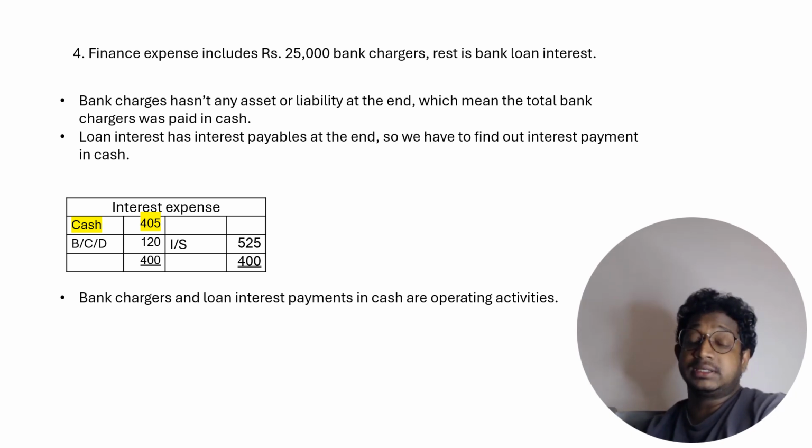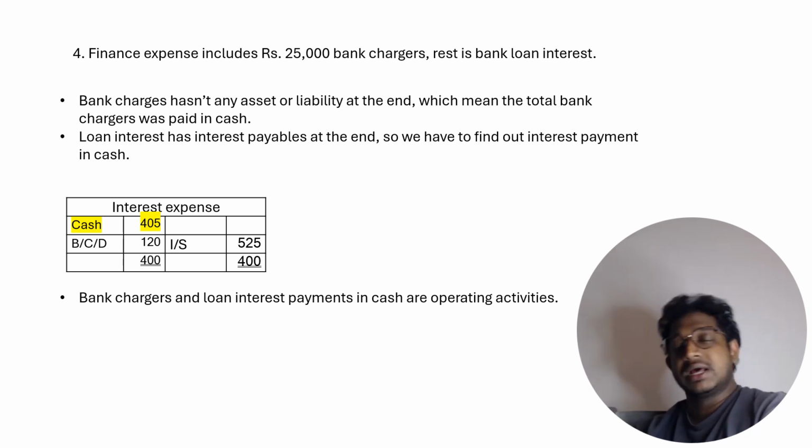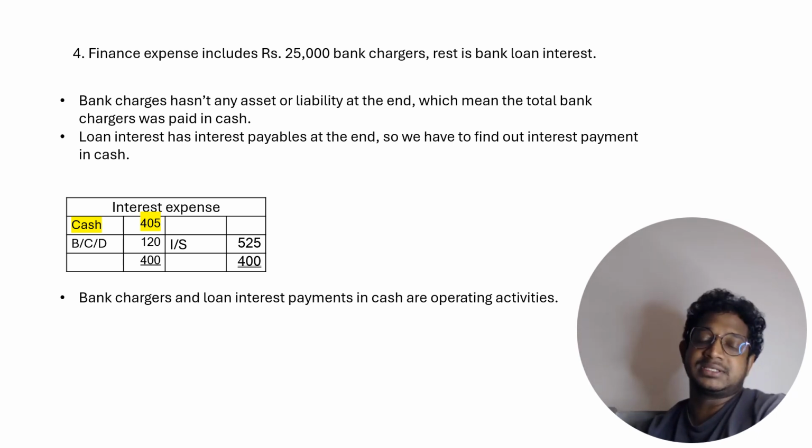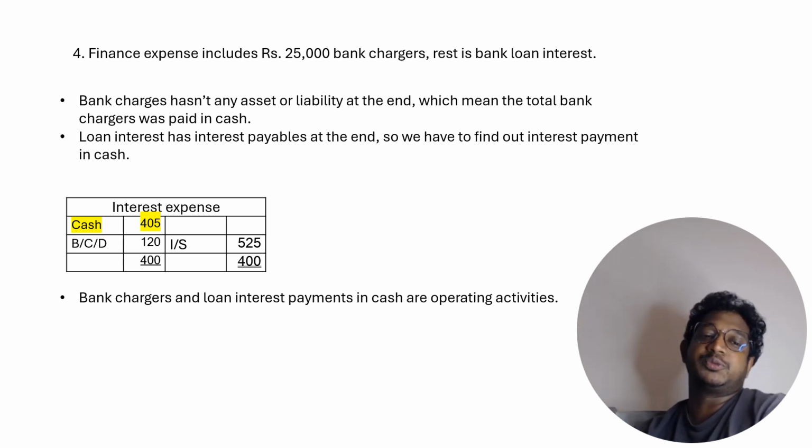The remaining balance is your interest, and interest is 525. From that 525 as at the closing date, there is still payable 120. So for the interest you paid 405 for this year. Bank charges and loan interest payments, you record in operating activities.